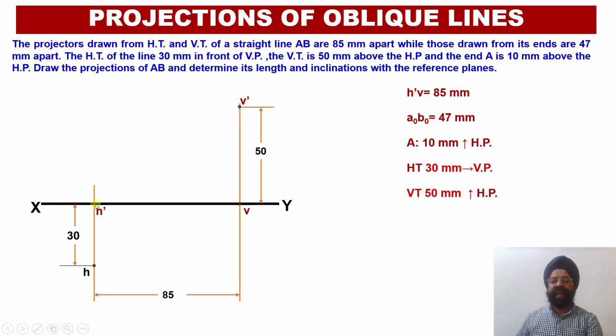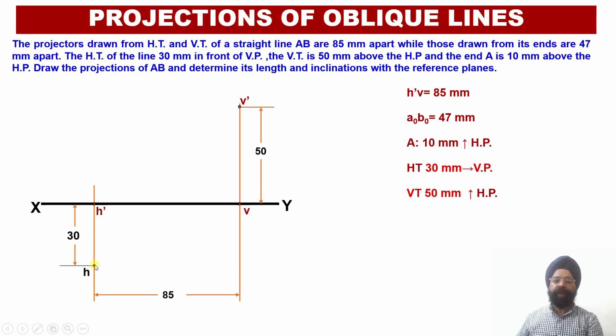So the first point H dash I had obtained, the second point V dash I have obtained, and we know that H dash, V dash, A dash and B dash, all these 4 points will lie along a single projector line. Similarly, points H, V, A and B, all these 4 points will also fall on a single projector line, that is, on a single straight line. So I have been able to obtain 2 points corresponding to the elevation orientation line, that is H dash and V dash.